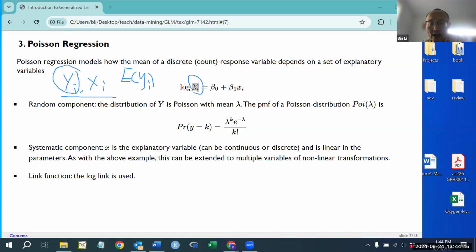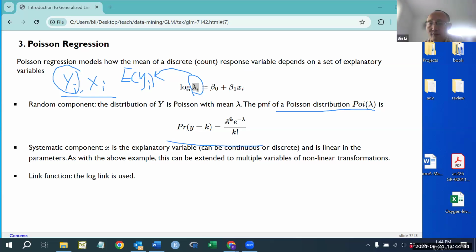You may ask why lambda i is used, because traditionally for the Poisson distribution, this is the PMF. The Poisson distribution is a discrete probability distribution, so we call it PMF.